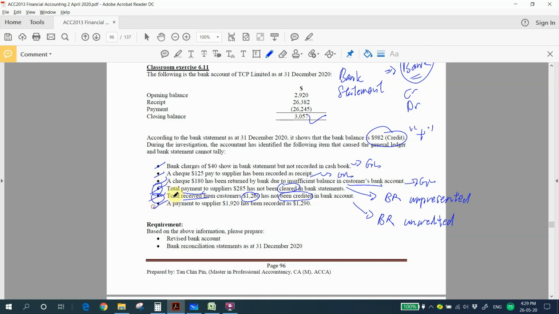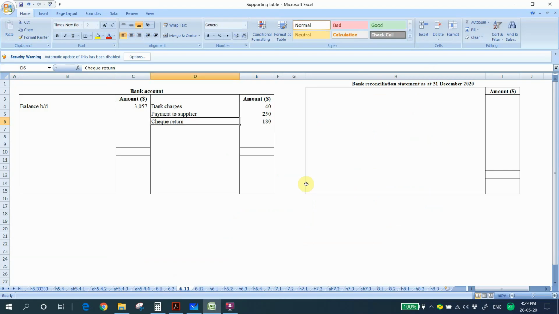Next one, a payment to supplier 1920 has been recorded as 1290. So first of all, we have to identify which one is the correct entry. The correct entry should be 1920, right? And the 1290 is the wrong one. However, the original entry recorded 1290.